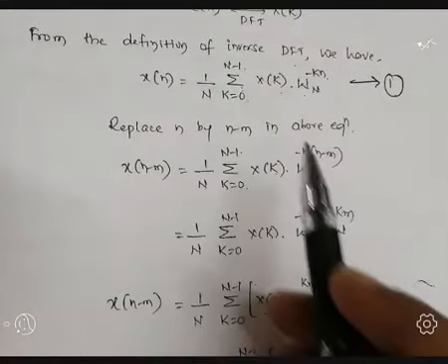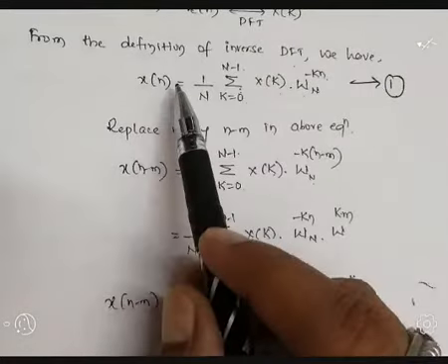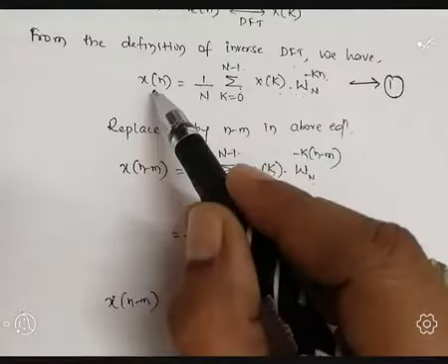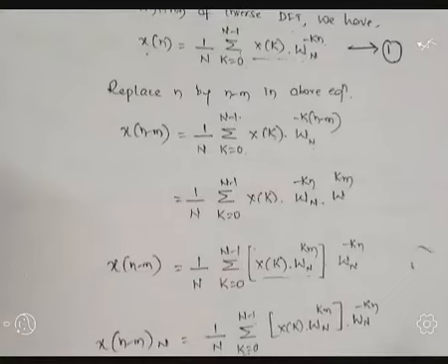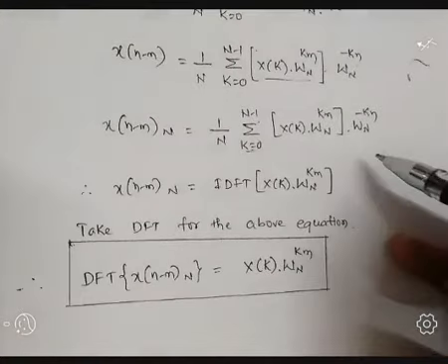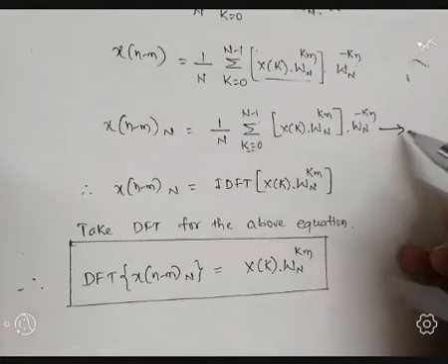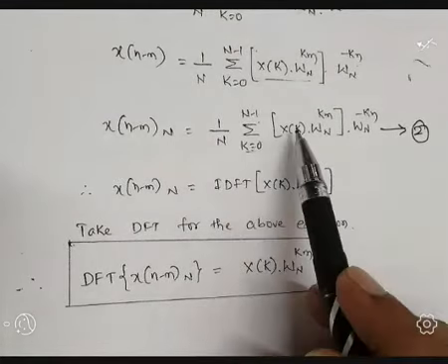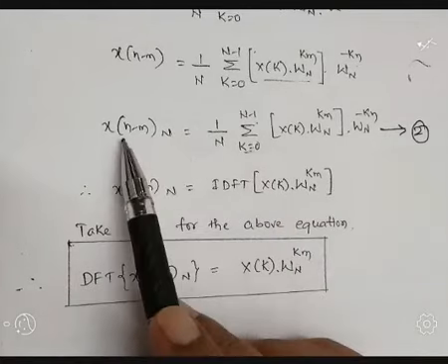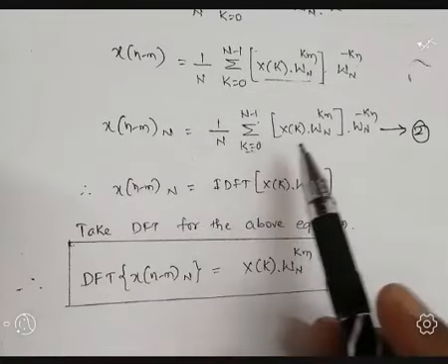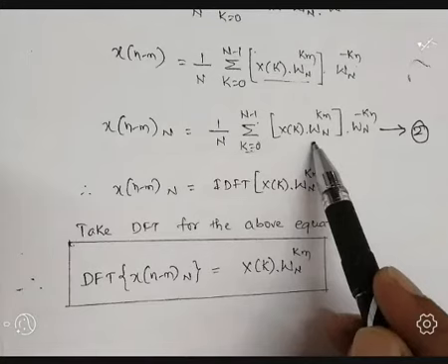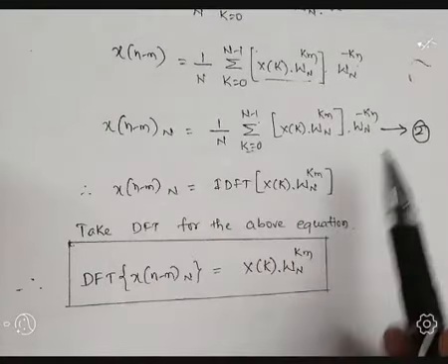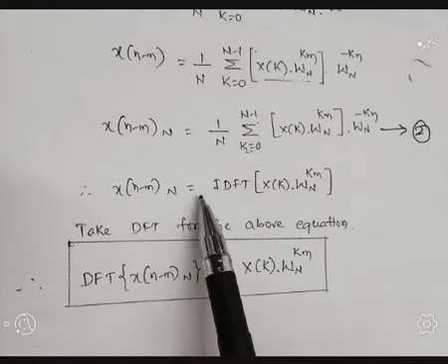This indicates that x of n is the IDFT of X of k. Similarly, this equation I'm going to write as equation number 2. Now compare equations 1 and 2. Everything is the same. The term present inside the square bracket is what we take the IDFT of, so x of n minus m indicates the IDFT of the term inside the square bracket. By comparing 1 and 2, we can write x of n minus m equal to IDFT of what?